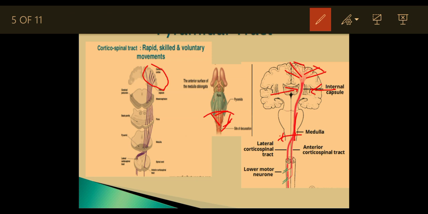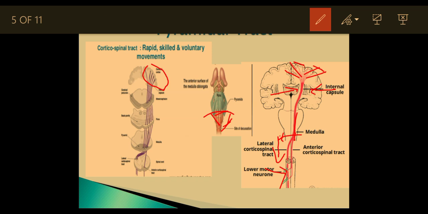We can see the lateral corticospinal tract approaching the lateral white column, and eventually it terminates in the lower motor neurons. The fibers which exit from these lower motor neurons innervate the skeletal muscle structures, and they regulate voluntary function.